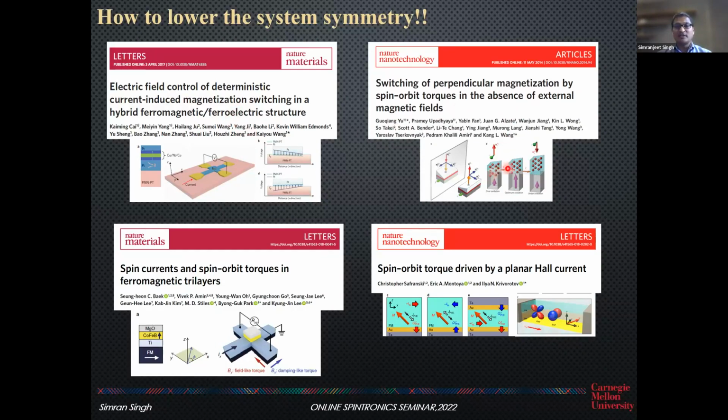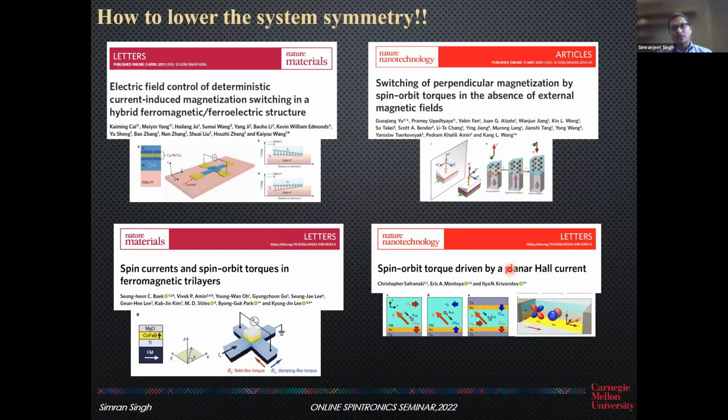Or there's a very nice work where they grew wedge-type bilayers to break the system symmetry to achieve the same thing, field-free switching of a PMA magnet. And there are spin rotation experiments, and others using planar Hall current and so on.